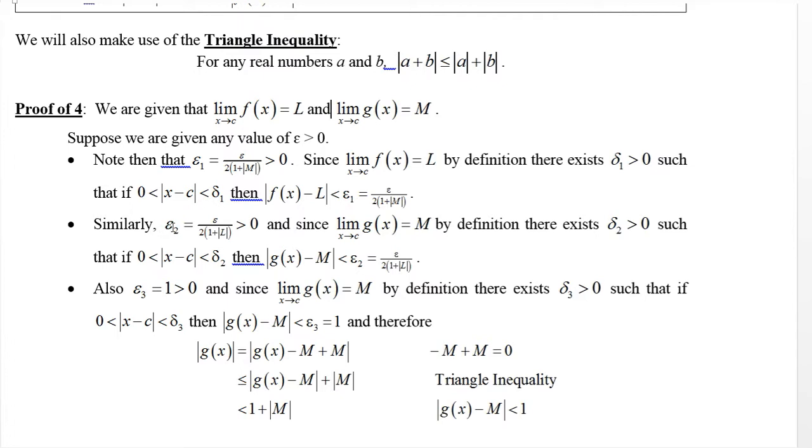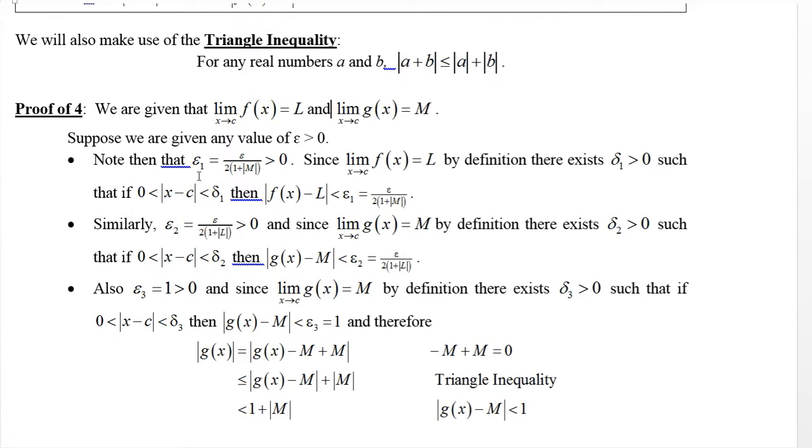Similarly, there's an epsilon 2 that is epsilon over 2 times 1 plus the absolute value of L, which is also a positive number. And since the limit of g is m, by definition there's a delta 2, which is positive, such that if the absolute value of x minus c is between 0 and delta 2, then the absolute value of g of x minus m is less than epsilon 2, which is this one here.